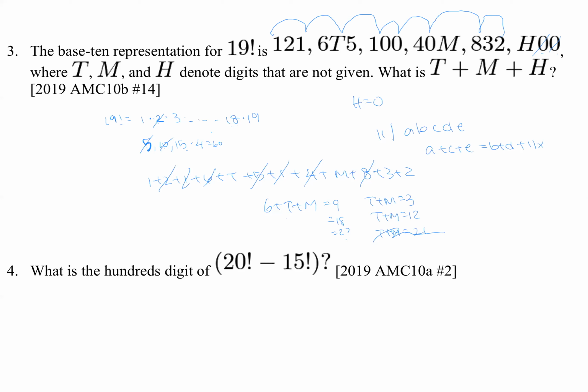Okay, so what is this added up? This is 2 plus t plus 3 plus t, 13 plus t. 13 plus t equals 2 plus 6 plus 5 plus 0 plus 4 plus m plus 3.